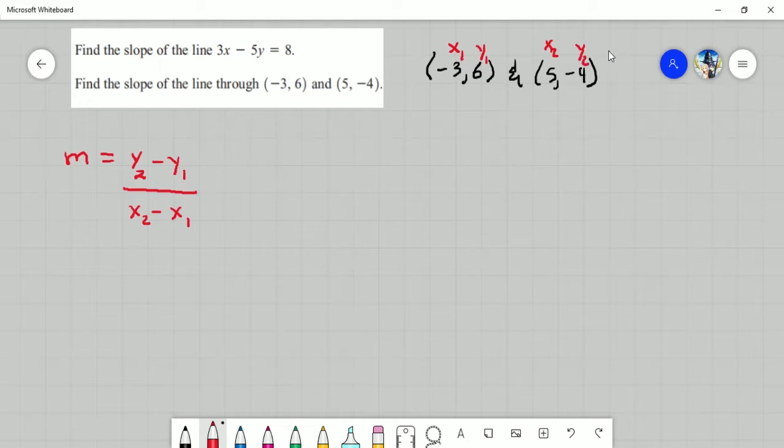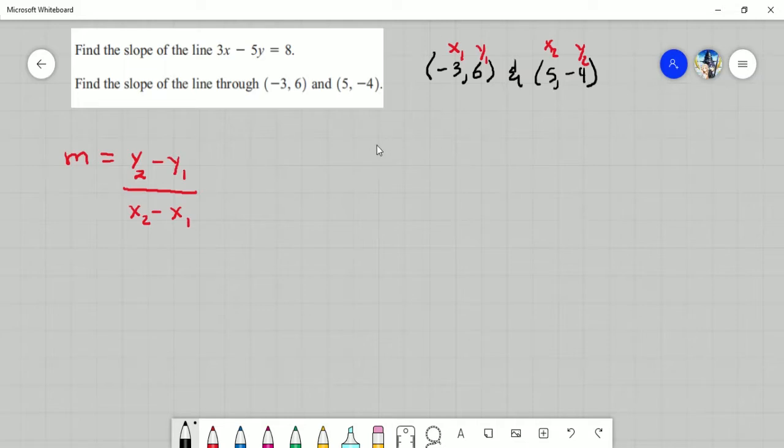So now that we have our ordered pairs labeled properly, we can go ahead and use this formula to find the slope of the line that goes through these 2 points.